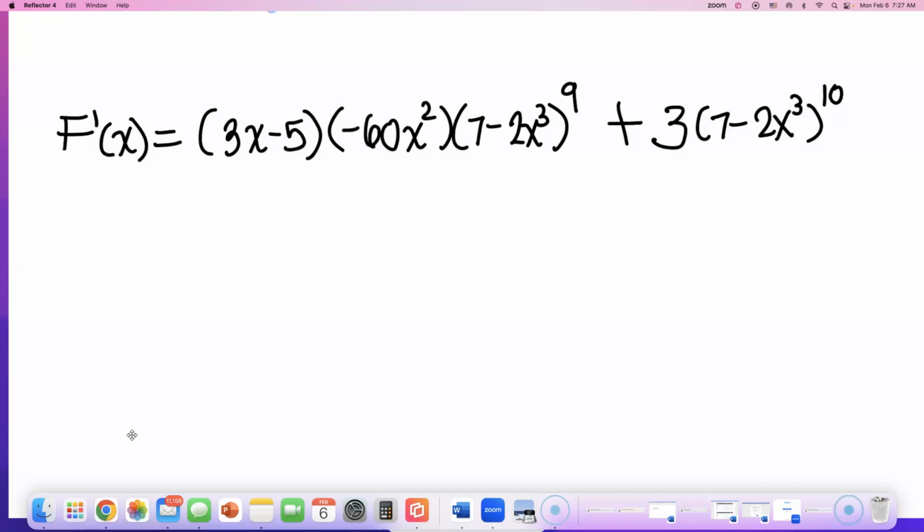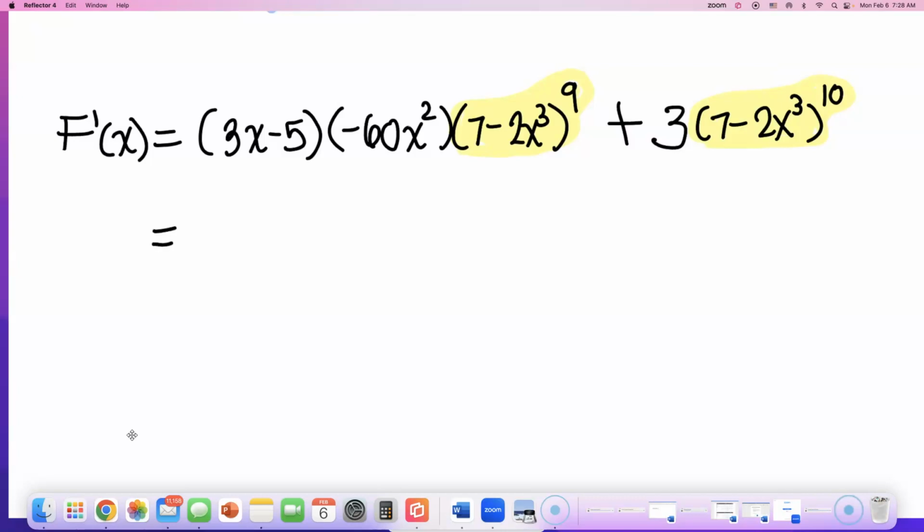I think so. This right here has 7 minus 2x cubed raised to the 10th power, and this one has 7 minus 2x cubed to the 9th power. This has one more, but we'll take out that greatest common factor of this binomial to the 9th power. Let's do that.